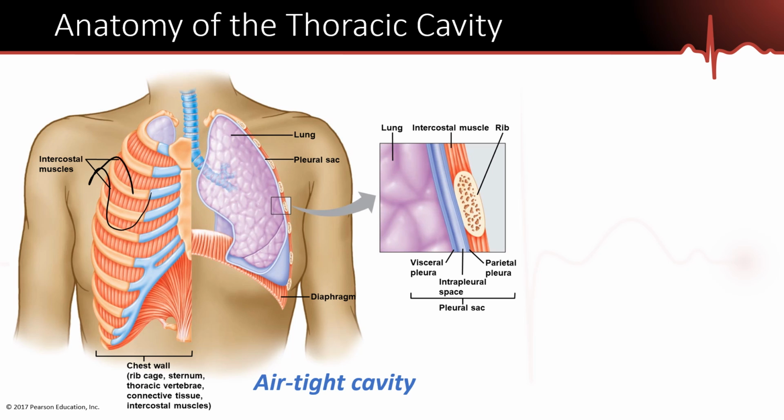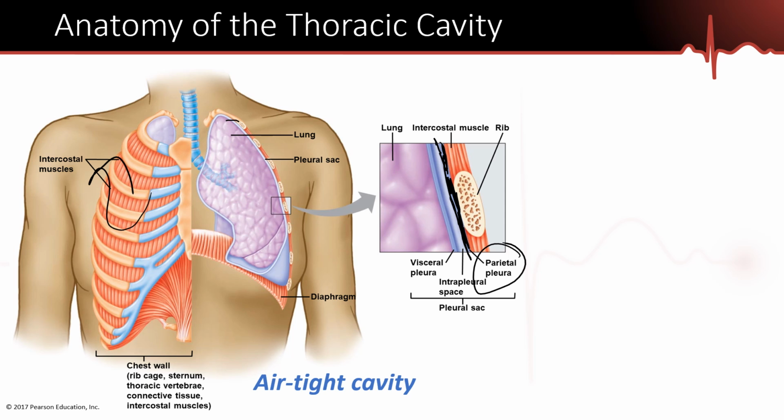What's attached to the inside of the chest wall? What's attached to the inside of the chest wall, as we have spoken about in so much detail, is what's called the parietal pleura. The outer layer, the outer portion of that deflated sac that is the pleural membrane.